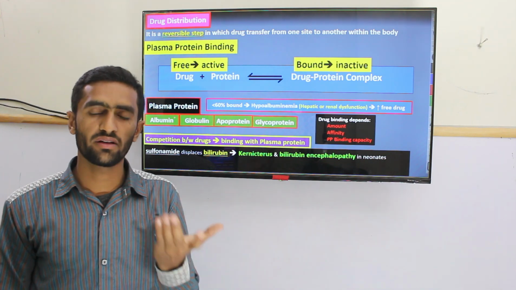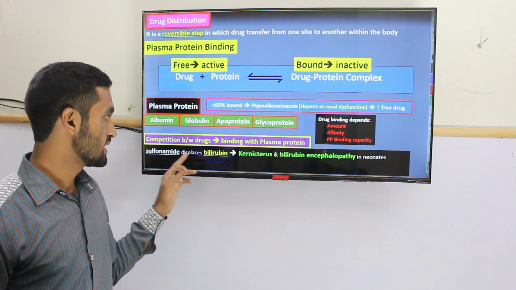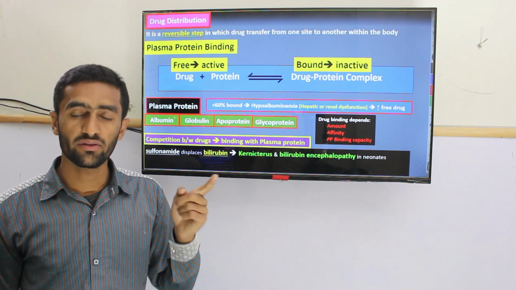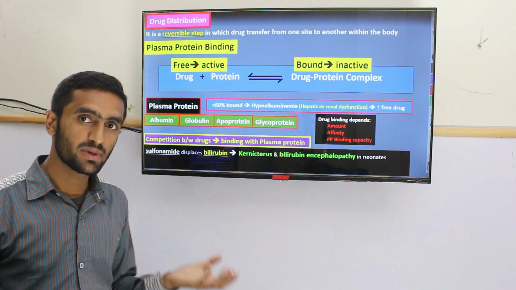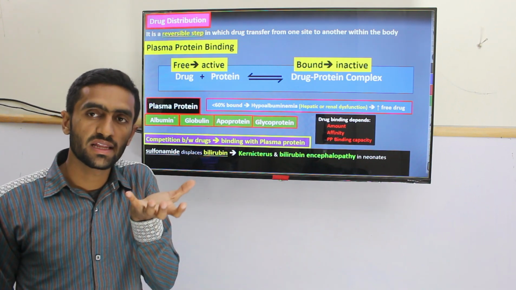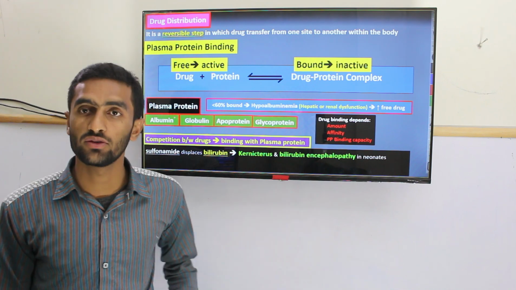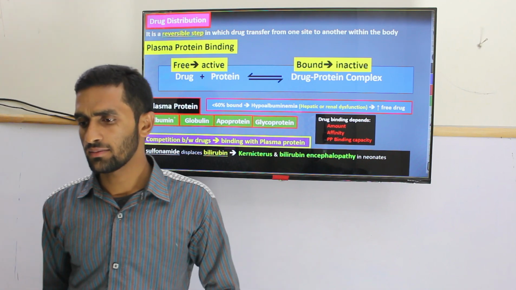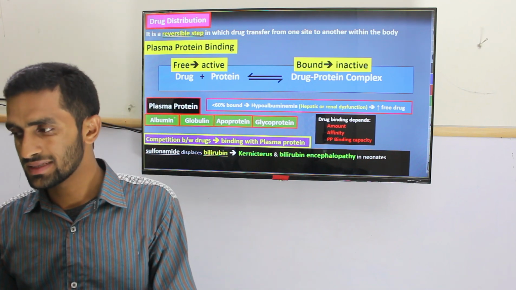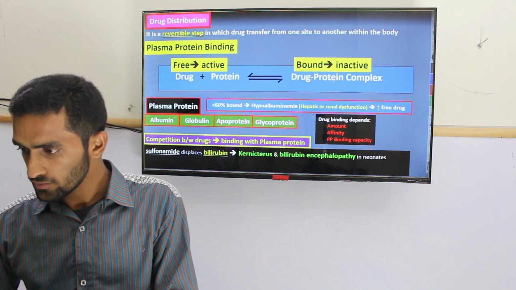Your bilirubin level is going to increase in your blood, and it can lead to jaundice. In neonates, especially, kernicterus or bilirubin encephalopathy is a jaundice. Your bilirubin level goes up because sulfonamide is bound to the plasma protein where bilirubin has to bind. As they displace, the free drug increases and they cause problems. This is common in neonates; sulfonamide is an antibiotic which is commonly used, and we consider it a nucleic acid synthesis inhibitor.